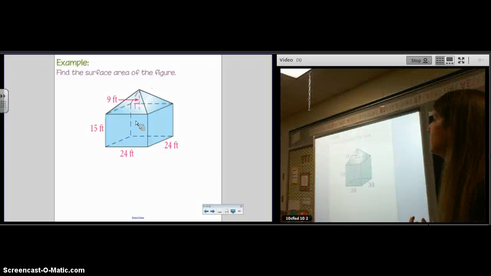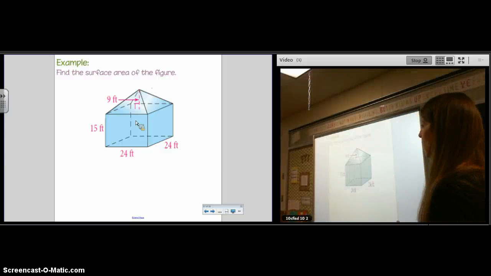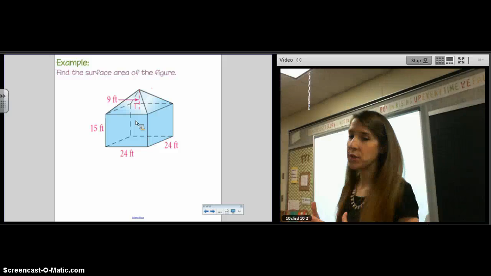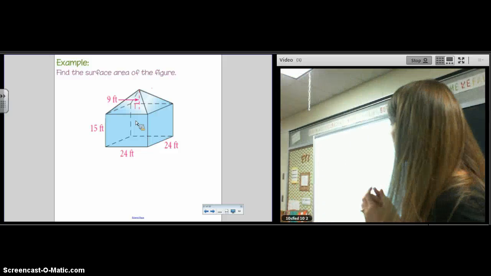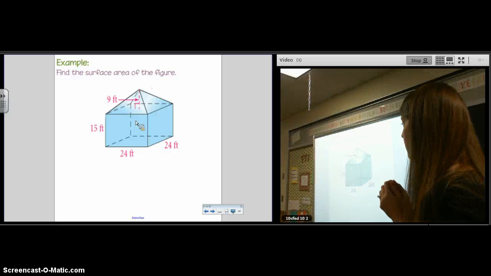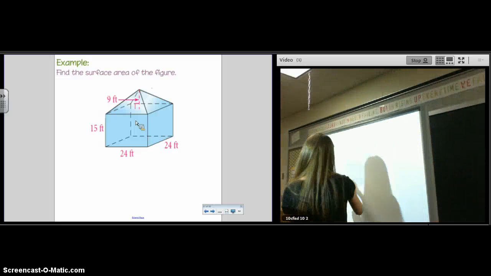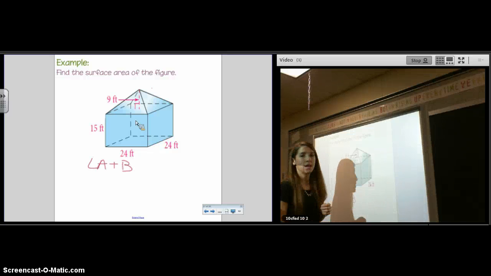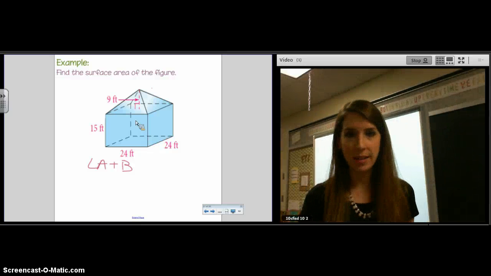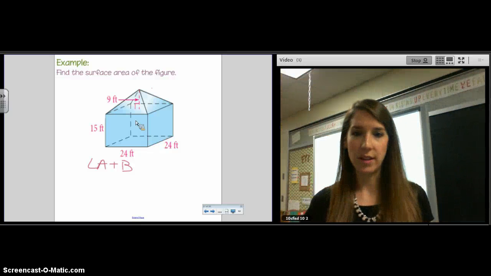So it's asking to find the surface area of this figure. So what you need to realize is which parts we are not going to use. So let's do the surface area of the bottom first, because that's going to be the easiest. The surface area of that one is going to be the LA of that one plus B. We only want one of the bases because we can't touch the other base. The top is not on the surface.